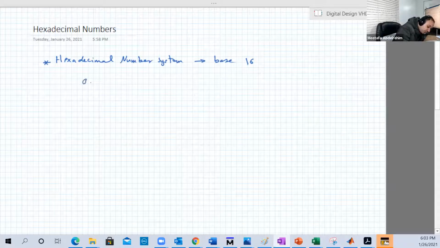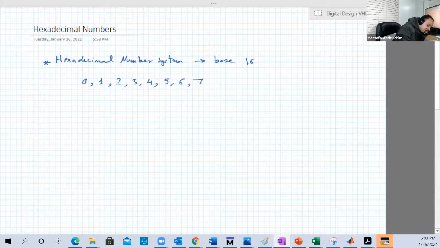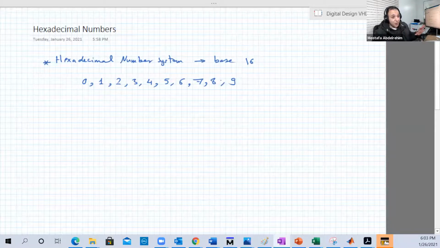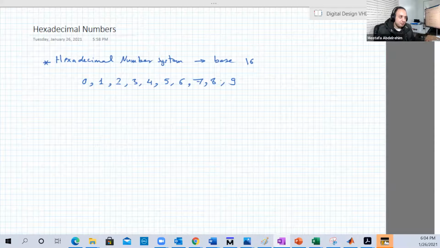So we have 0, 1, 2, 3, 4, 5, 6, 7, 8, 9. These are all the numbers that we know, borrowed from the decimal system, which has only 10 symbols from 0 to 9. Here we need more symbols until we reach 15, so we borrow something from somewhere else.